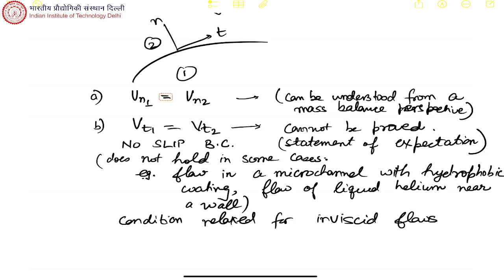And secondly, a second example, which all classical textbooks give, is if you look at flow of liquid helium on a wall, then the liquid helium which is just touching the wall will not have a zero velocity. So these are exceptional cases, but when we analyze flows, sometimes we make the inviscid approximation. If we make the inviscid approximation, then we relax the no-slip boundary condition. There will be a reason for this also.